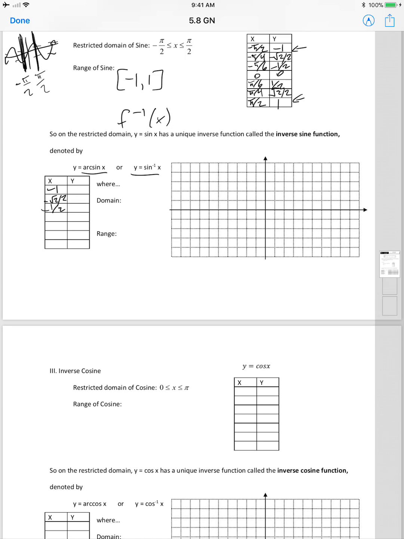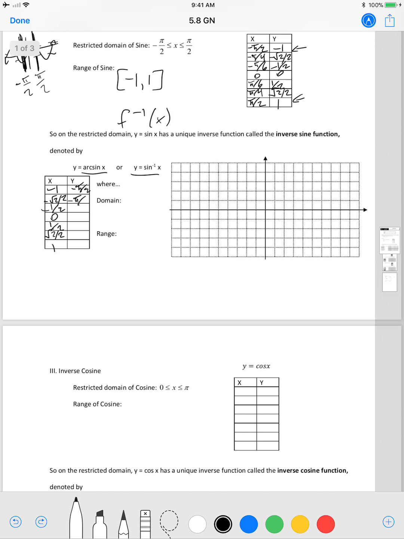Instead of putting in an angle and getting the side length ratios of my triangles, or the coordinates on the unit circle, I am putting in those side length ratios. I'm putting in my coordinate point on the unit circle, and I'm getting back an angle.